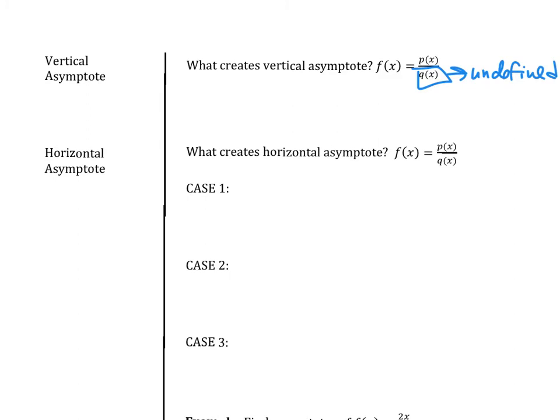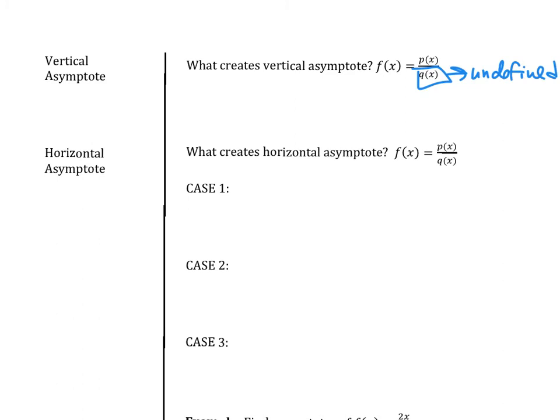What creates a horizontal asymptote in a rational function? I'm saying rational function because we're just going to do rational functions today, and then the next day we're going to do a much harder kind of horizontal asymptote. If you recall back in Algebra 2, there are 3 cases.